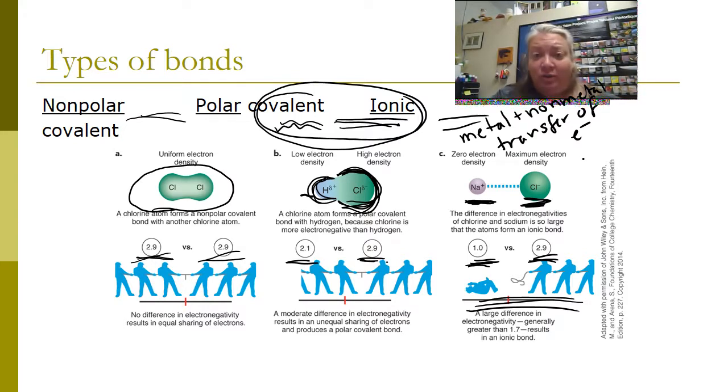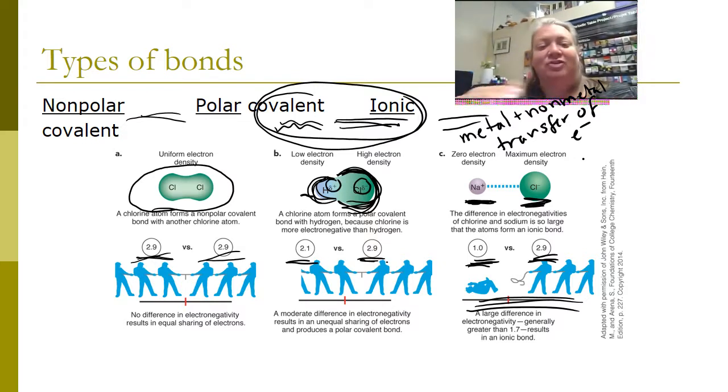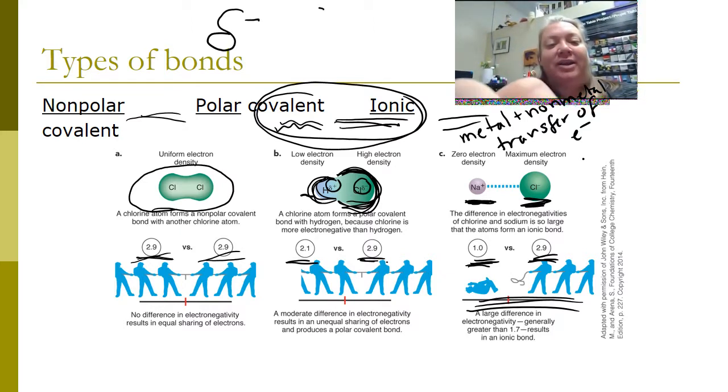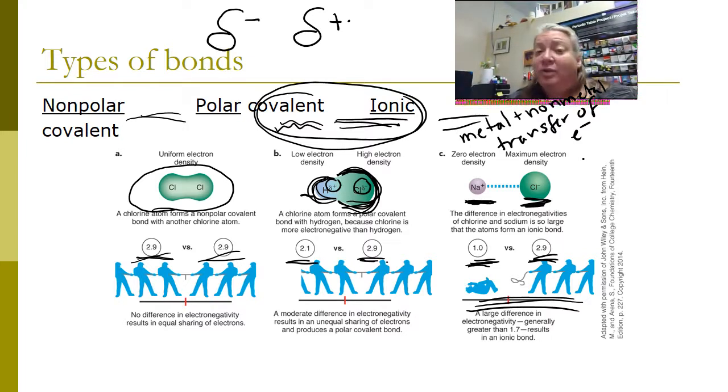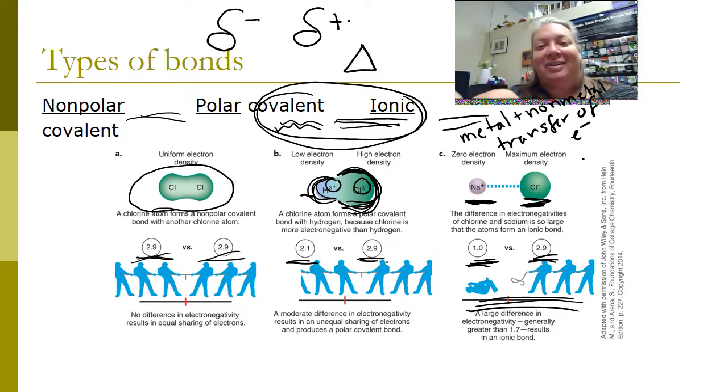The other clue that this one gives me is these little symbols right here. Now I know it's hard to see the symbols, so let me see if I can draw them up here. We have a partial negative and a partial positive. So that's a Greek letter. Its name isn't partial. It's a lowercase Greek letter, and the uppercase actually looks like this. Okay, pop quiz, what's this? This is your delta sign. And delta means change in.